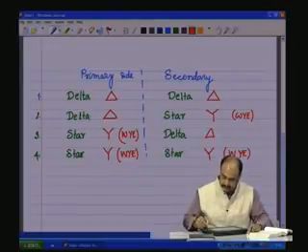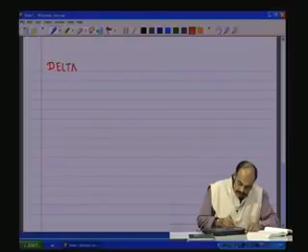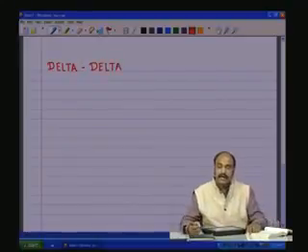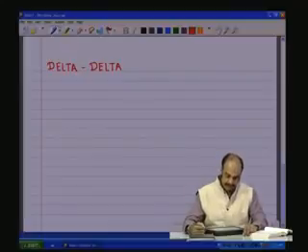topological connections. So, first let us say we make the connection as delta delta, which means that the primary windings AP, BP, CP are connected in delta, and the secondary windings AS, BS, CS are also connected in delta.